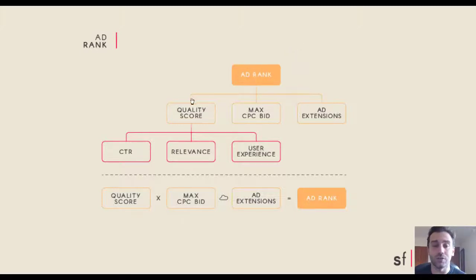So ad rank falls into these three pillars: bid, quality score, and ad extensions. Now, most people inherently look at bid because it's the easiest thing to look at. If it's an auction and I spend more money, technically I'm going to rank higher.